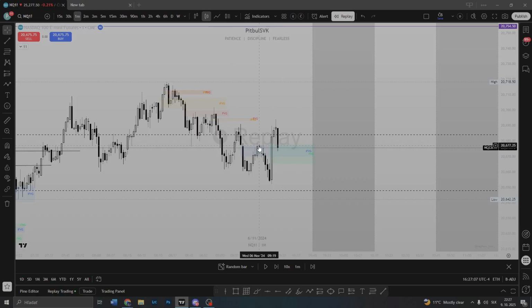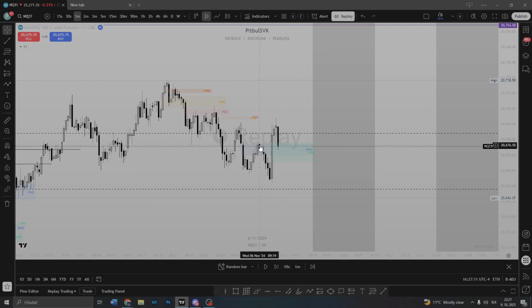So now we are retesting the CISD. I would like to see us hold that region if you are actually bullish. 9:28, so with the next two candles we'll see, yeah, okay, 9:29.